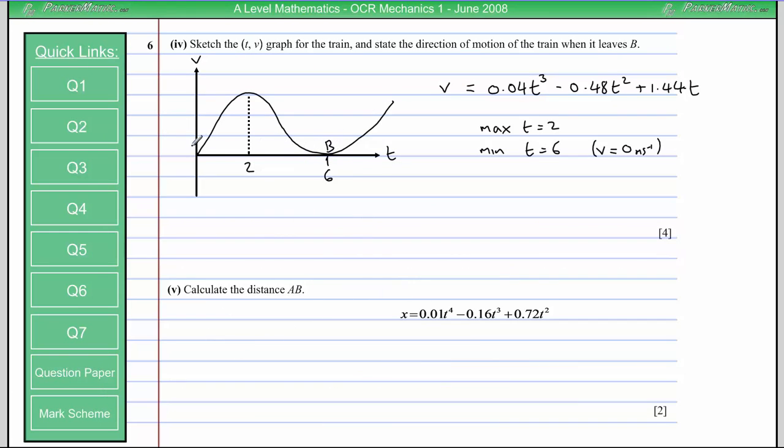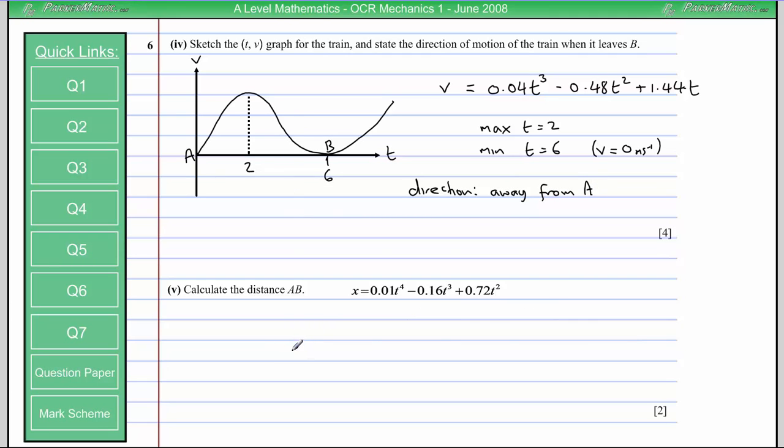So this is point B, this is point A. So when the train leaves B, it must still be moving away from A because it has the same velocity and it's positive as when it left the station in the first place. So the direction is away from A.